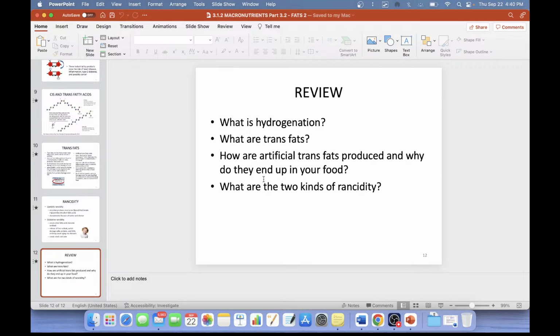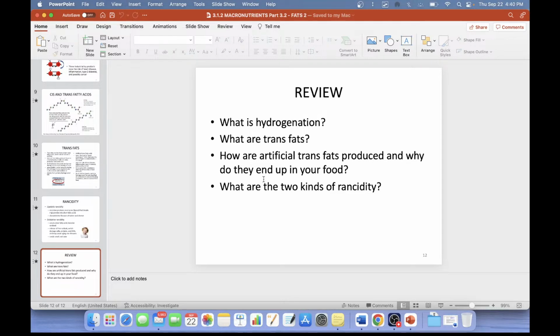Natural trans fatty acids are found in small amounts in milk and dairy products, and in very small quantity in beef and lamb too, right?